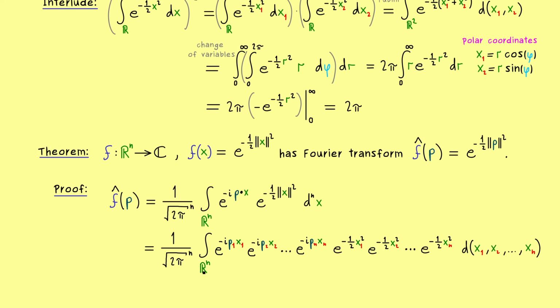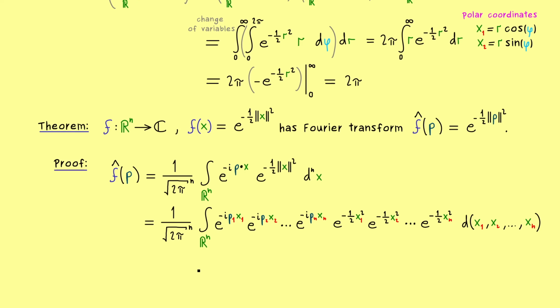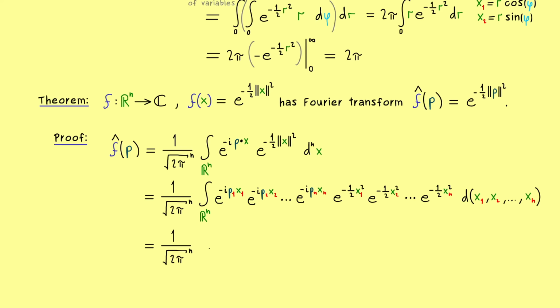This means instead of one n-dimensional integral, we just have n one-dimensional integrals. And since these are just multiplied, we can write it with a product sign. So you see, the good thing here is that we can just combine the corresponding parts. And then the last thing we can do is to put the factor 1 over the square root of 2 pi in front of each integral.